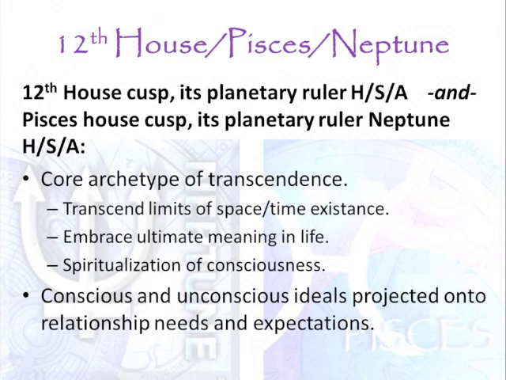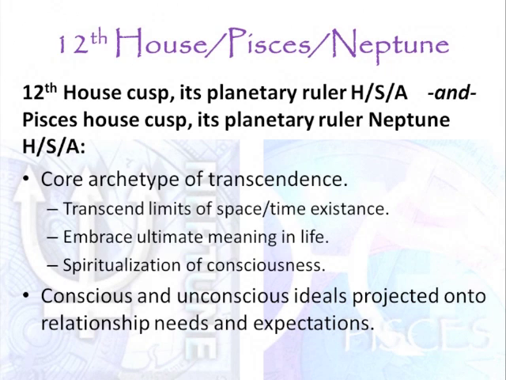And transcendence is where we want to transcend, move beyond the limits of a space-time existence, our physical existence. Transcendence is where we want to embrace the ultimate meaning in life. It is the process of spiritualizing our consciousness.